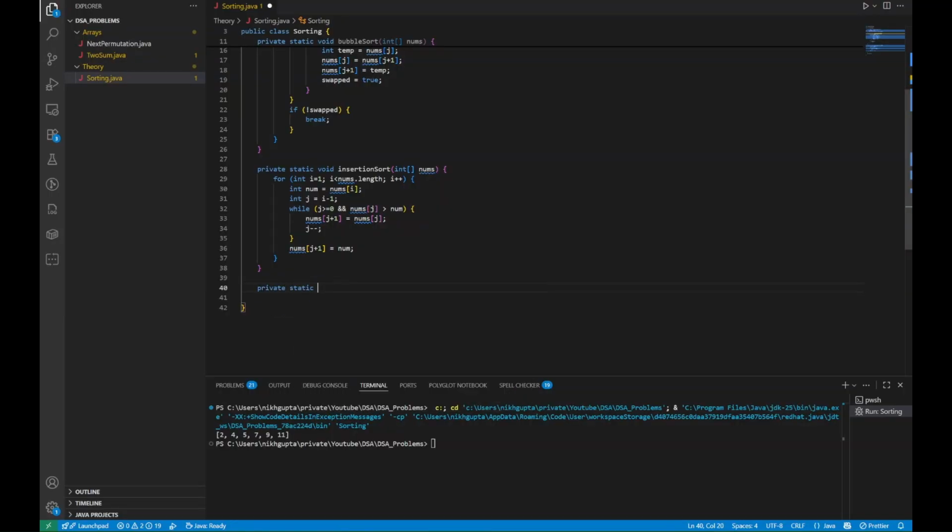We'll write the code as private static void selectionSort(int[] nums). For int i equals 0, i less than nums.length minus 1, i plus plus, int smallest equals i.